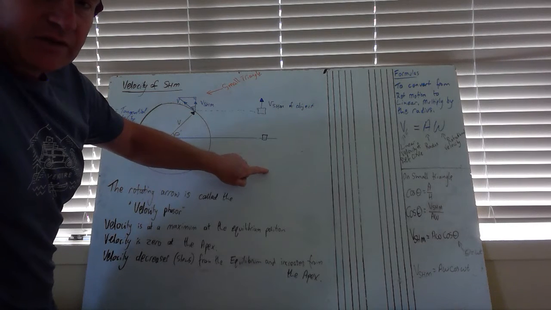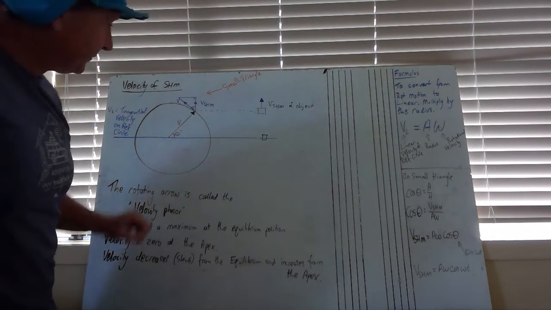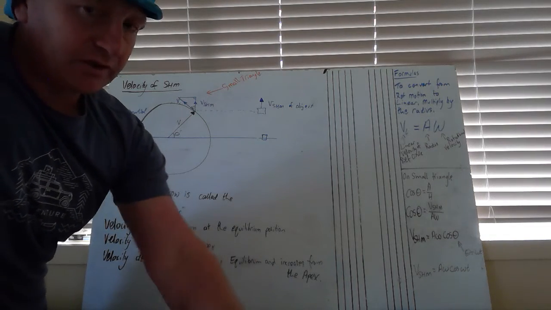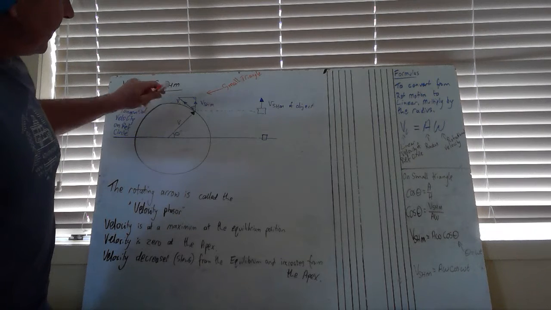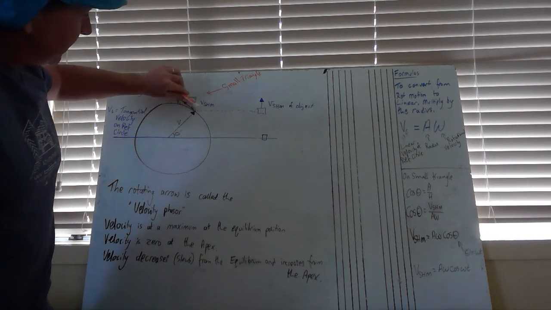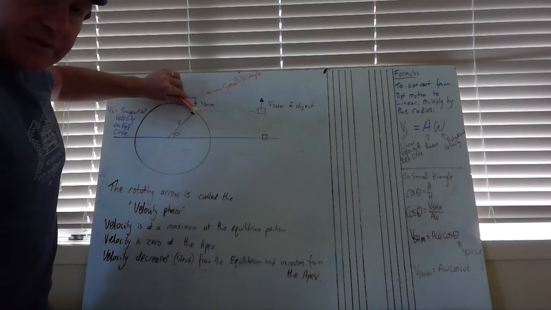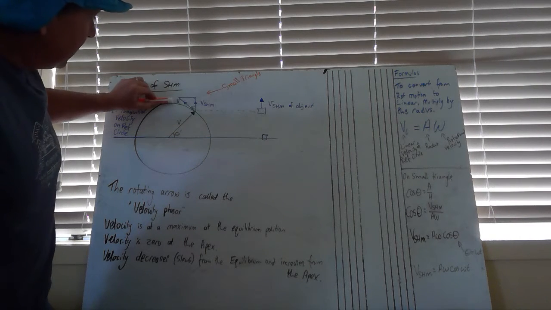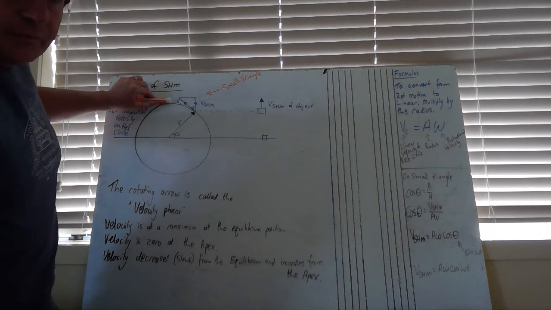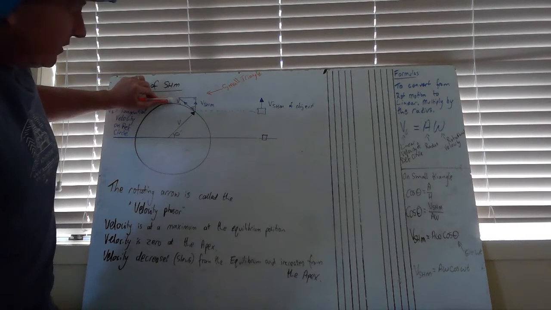So velocity is 0 at the apex for an instant. That kind of makes sense when you look at what happens to the direction of the linear velocity. In this position here, it's directed slightly upwards because it's moving slightly upwards. Here, that linear velocity of the reference circle is horizontal, which means it does not have a vertical component to it, which means that vertically it has a velocity of 0.